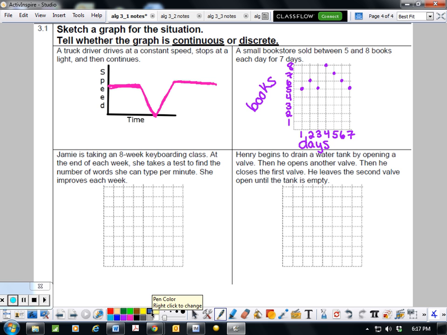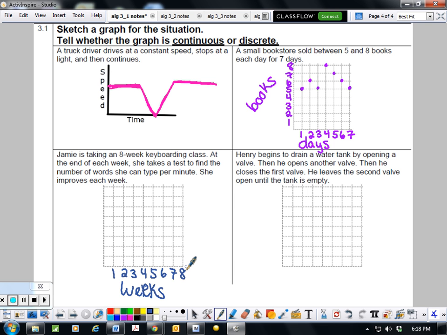Okay, Jamie is taking an 8-week keyboarding class. At the end of each week, she takes a test to find out the number of words she can type per minute. She improves each week. So let's go ahead and put weeks. And we're going to have 1, 2, 3, 4, 5, 6, 7, 8. And then we're going to talk about typing words per minute.